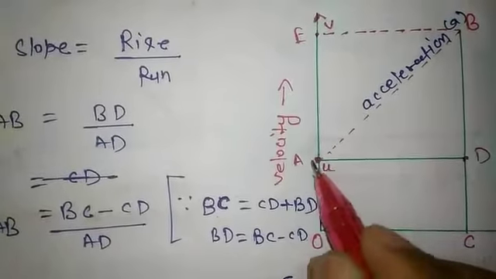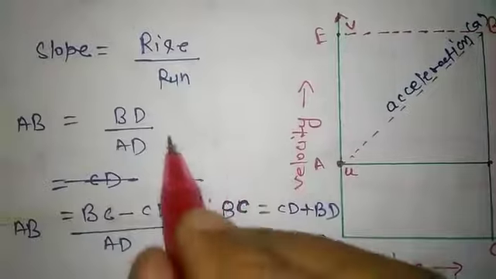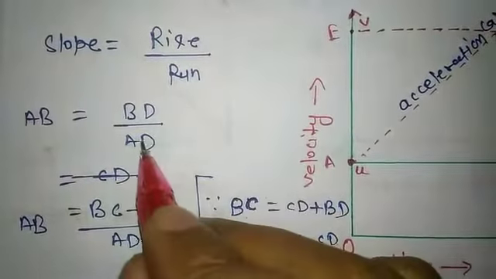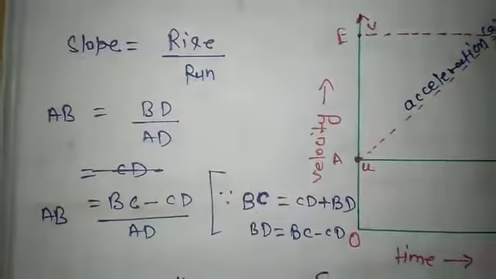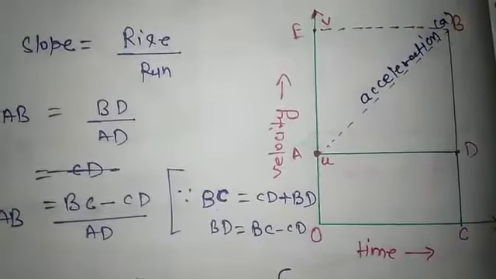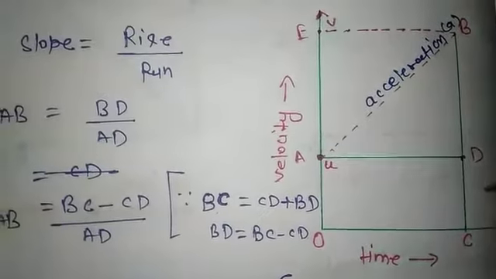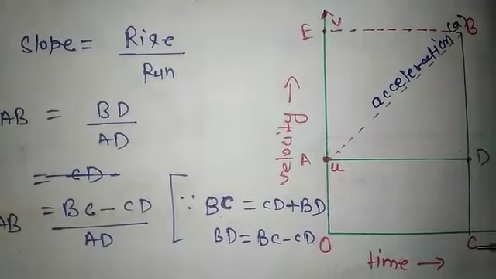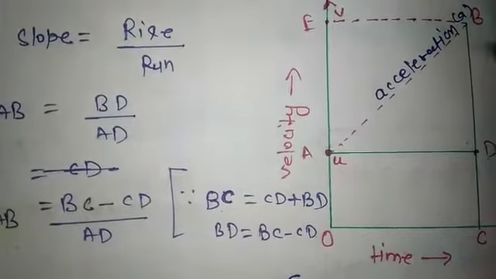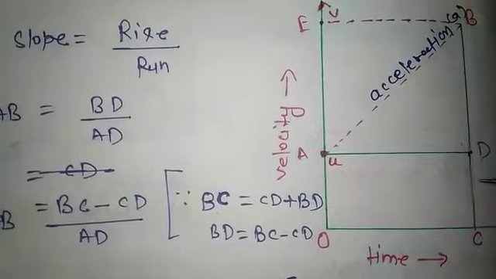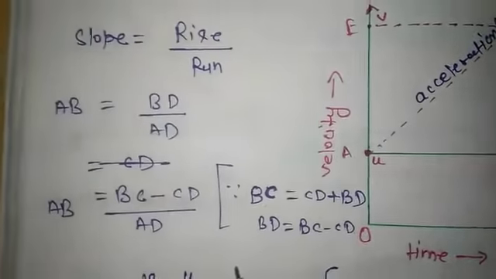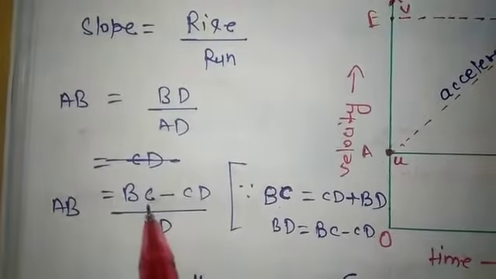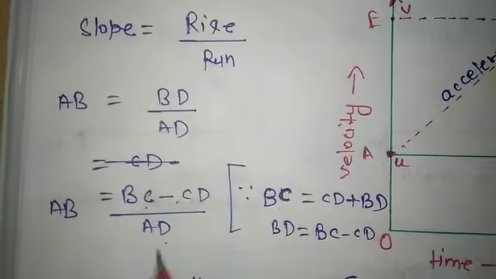The object runs from A to D, so run is replaced by AD. Now as you see from this graph, BD is equal to BC minus CD. So slope AB is equal to (BC minus CD) by AD.